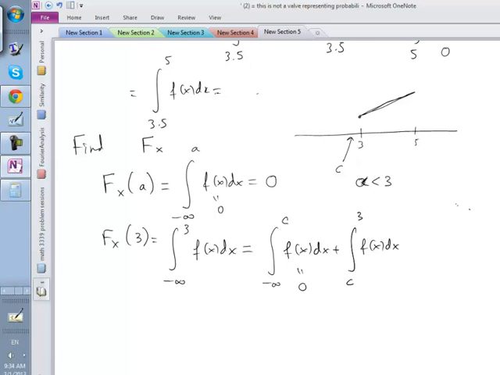Now the first integral is equal to 0 because the density function is 0 between negative infinity and c, because c is strictly less than 3. The other is from c to 3, so what remains is this.